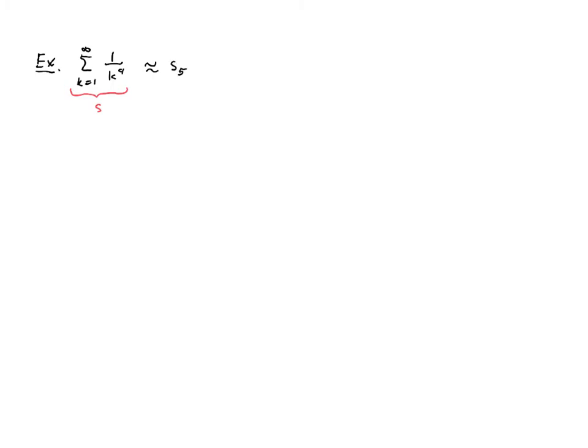So I'm going to use the number n equals 5 for my approximation. So S5 is just a shorthand for writing the summation k equals 1 to 5 of 1 over k to the 4th.